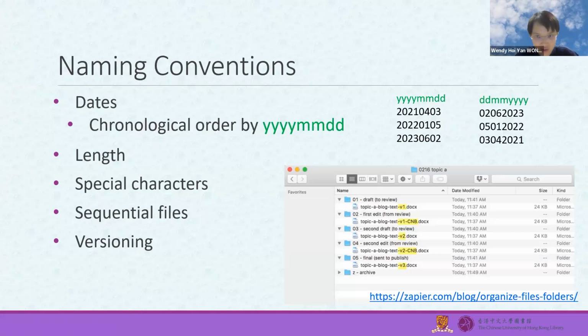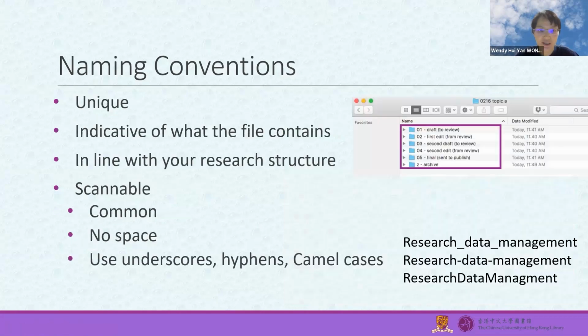If you do not put the 0 here, the order will be 1, 11, 12, 13 up to 19, and then 2, 20, 21, 22, 23, something like that. So sequential numbering is also an important way for you to note. The version 1, version 2, or even version 3.1 or 3.2, something like that.